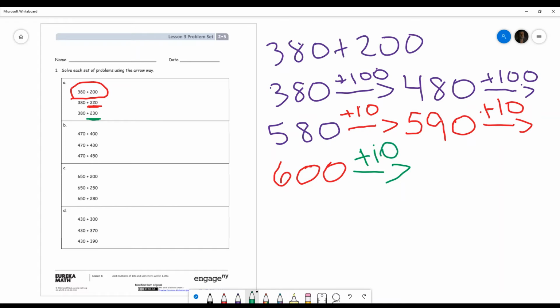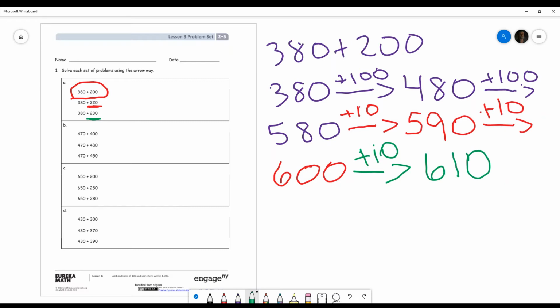So 600 plus 10, 6 stays the same because we're not adding anything to the hundreds. And we're adding a 10, so that turns into a 1 in the 10 spot. And the 1 is 0 because we're not adding any ones. So the answer for the third problem set is 610.